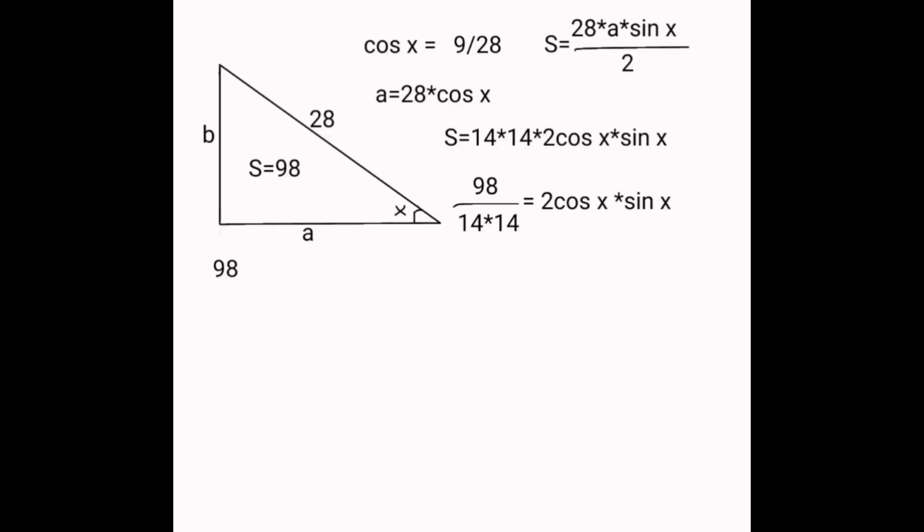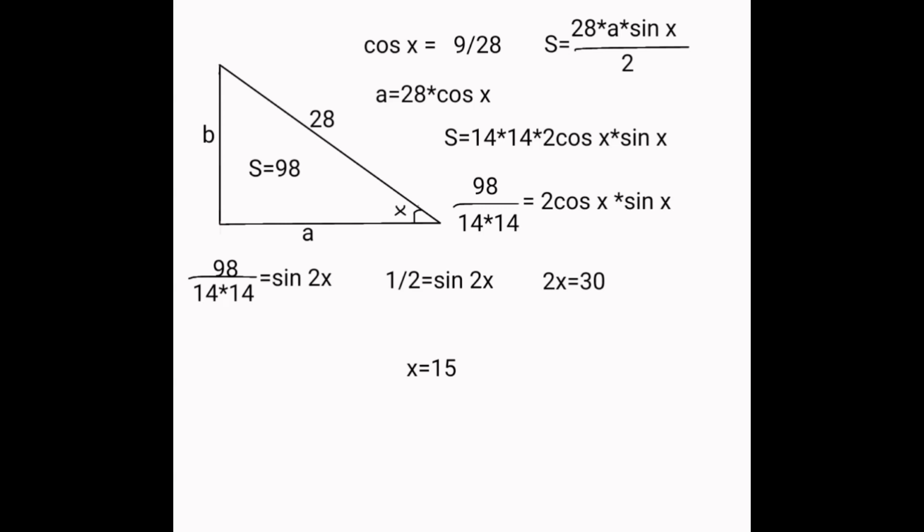And it leads us to the fact that 98 divided by 14 times 14 equals sine of 2x, which means that 1 divided by 2 equals sine of 2x, and we know that sine of 30 degrees equals 1 divided by 2, which means that 2x equals 30 degrees and x equals 15.